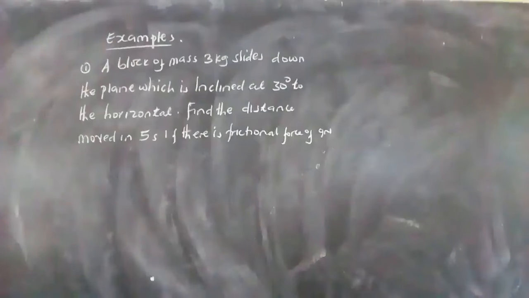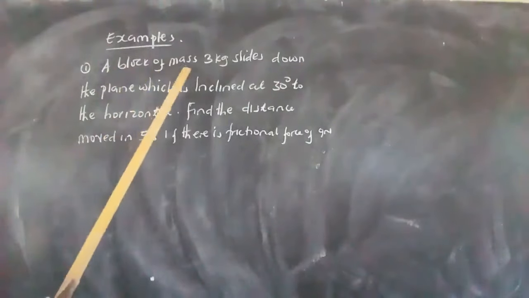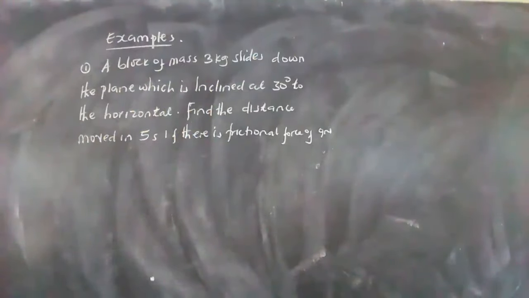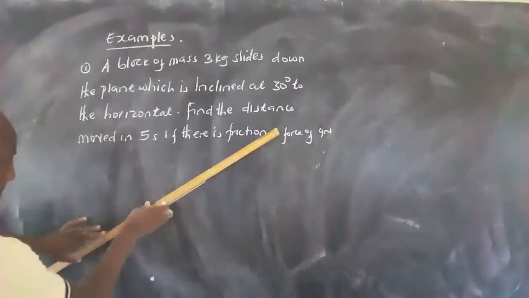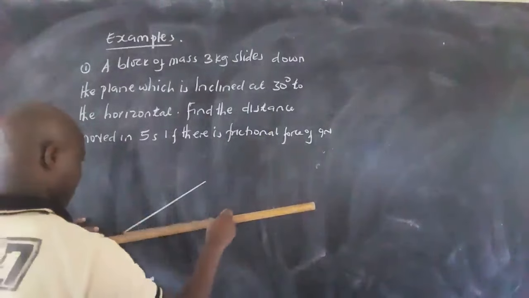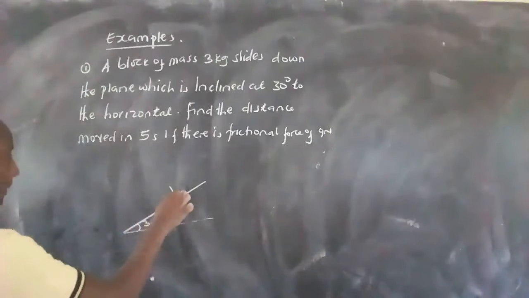This is the first example. A block of mass 3 kg slides down a plane which is inclined at an angle of 30 degrees.